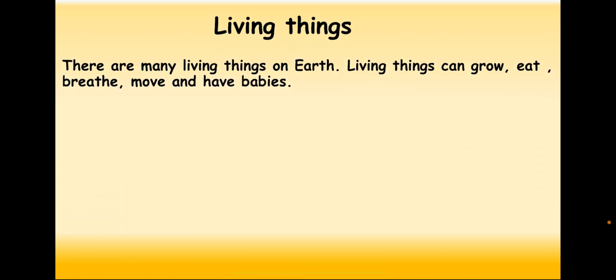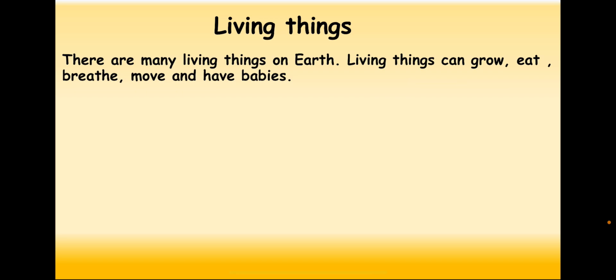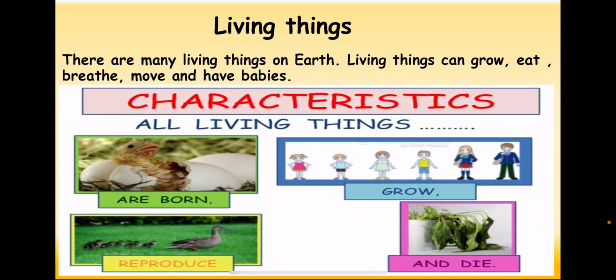There are many living things on earth. Living things can grow, eat, breathe, move, and have babies. So, there are 5 characteristics of living things. In this unit, we will read about them.